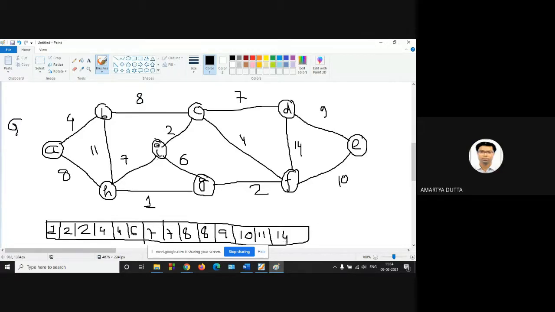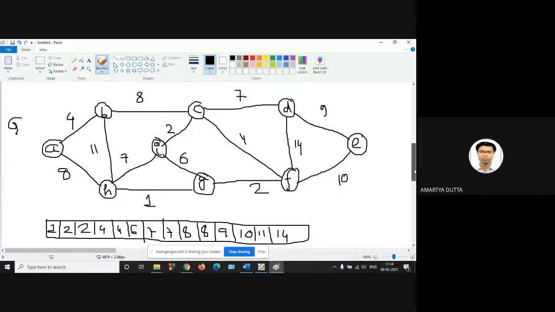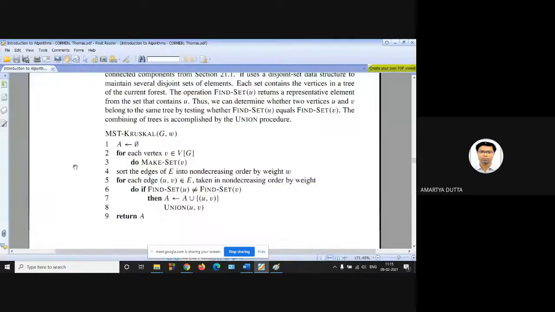Please check it. 1, 2, 2, 4, 4, 6, 7, 7, 8, 8, 9, 10, 11, and 14. So line number 4 is complete: sort the edges into non-decreasing order by weight W. Now you have to choose the edges.